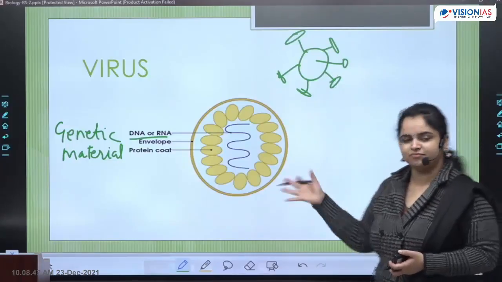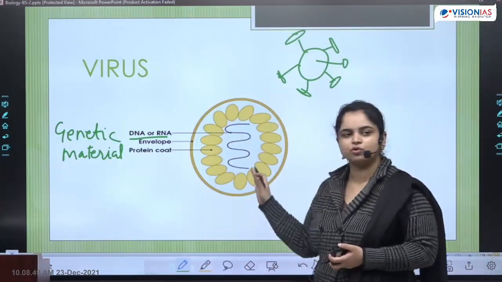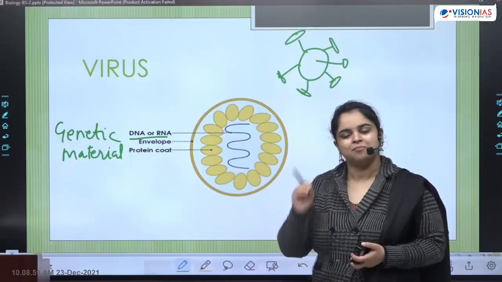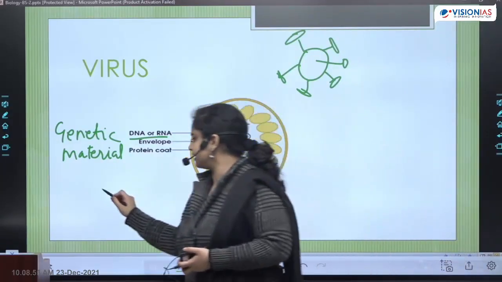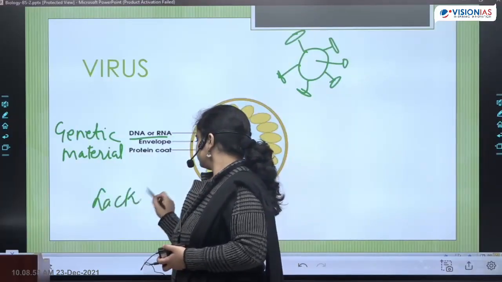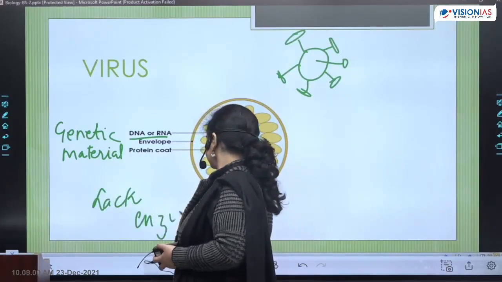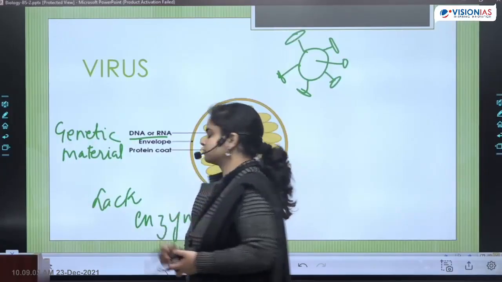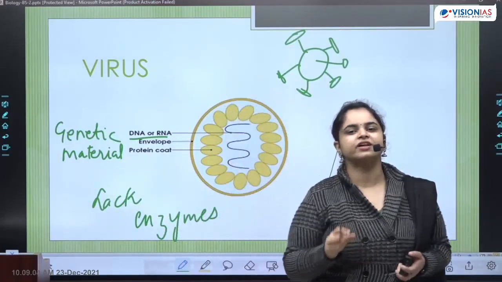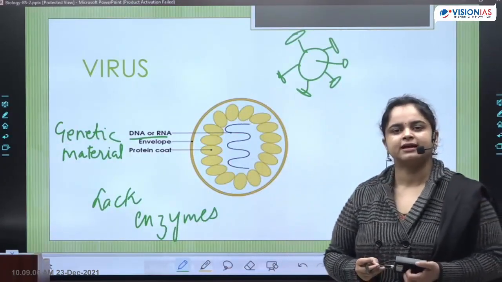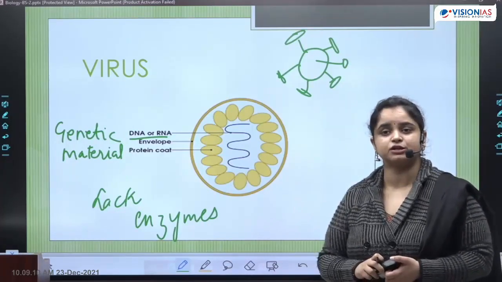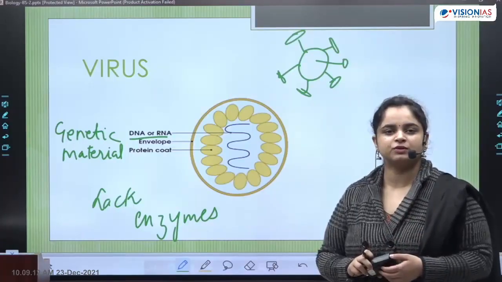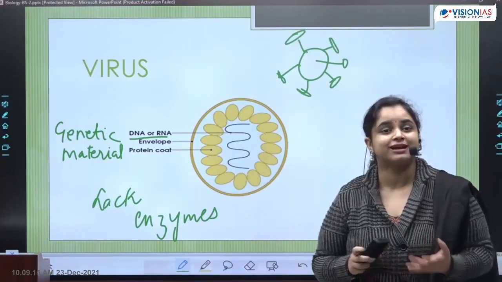The same basic idea is the same, that you have protein, you have genetic material. But there is something which is missing. They lack enzymes. On their own, they do not have enzymes which will help them in performing different activities, or enzymes which will be needed for producing energy.